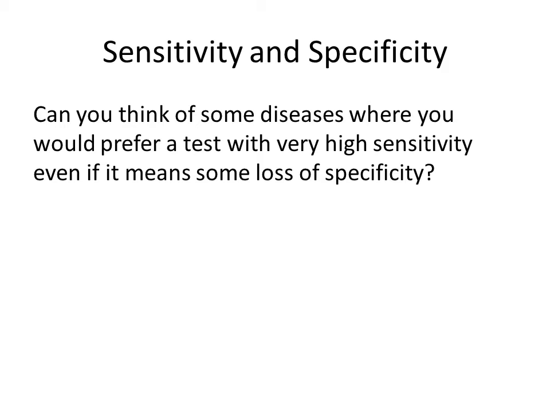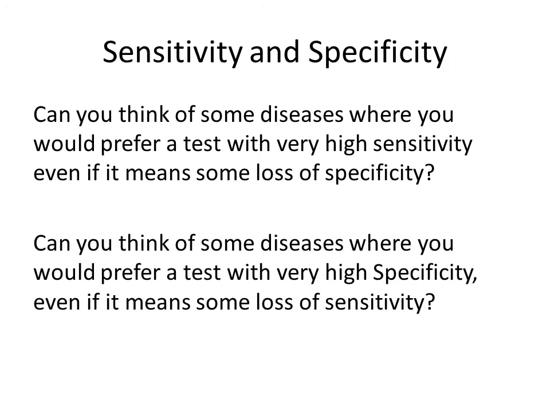One example would be a disease which has very high fatality if left untreated. In such a case, you would like to have a highly sensitive test so as to pick up all the diseased people and treat them in time, even if it means picking up some false positive subjects who later on turn out to be disease free.